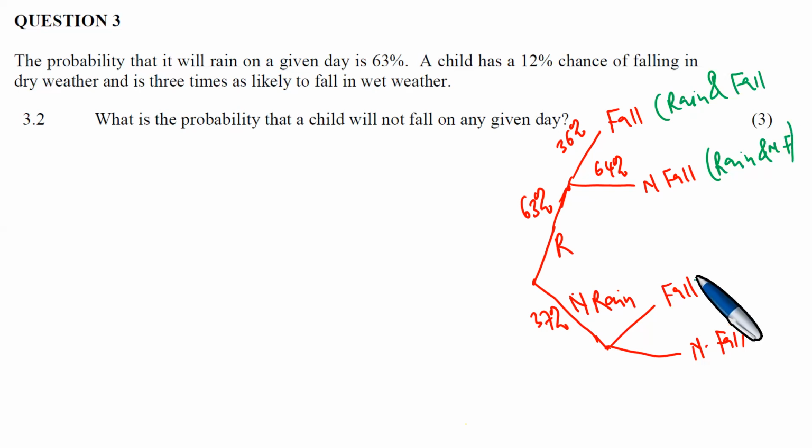Either there is no rain and the child does fall, because when children are walking, they can fall even if it's not raining. So there's no rain and the child does not fall down when they're walking.